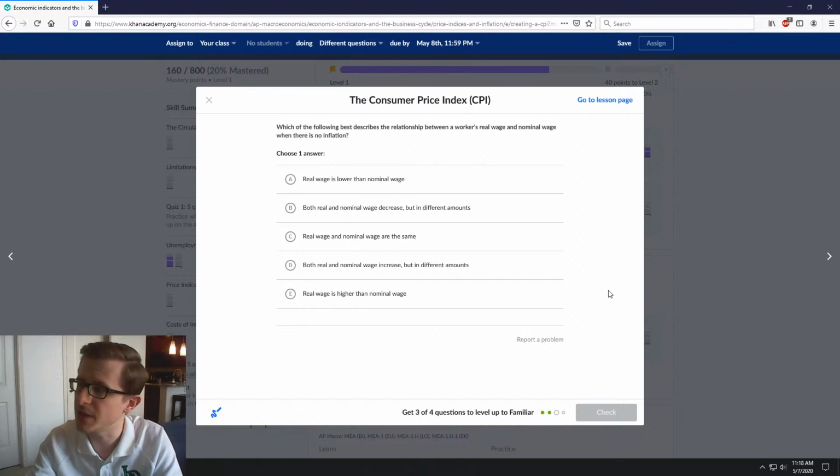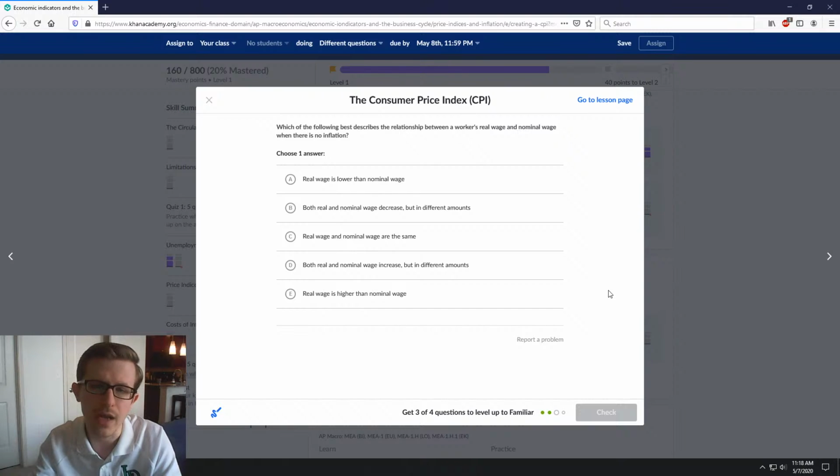That's right. Real is going to be adjusted for inflation, whereas nominal is just going to be the raw value, the raw dollar amount, whatever it might be. What describes the best relationship between them when there is no inflation?